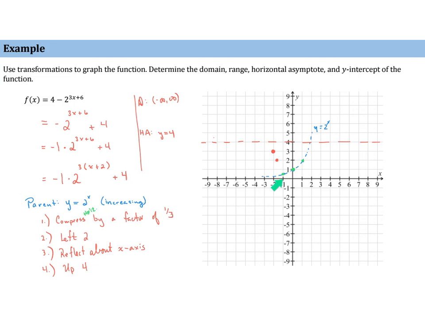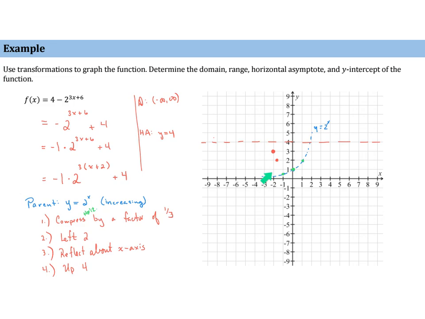And then the point negative 1, 1/2, we will compress by a factor of 1/3, so that will bring it closer to the y-axis. So we are really at negative 1/3, 1/2. Let's move that left 2. So we're just under negative 2. We're at negative 2 1/3, 1/2.